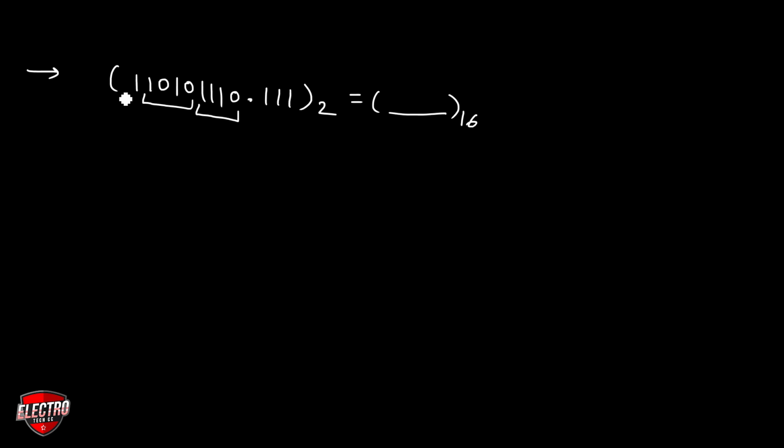We have only one bit in the last group, so we will add 3 zeros on the left hand side of the number. After the point we have only 3 bits. Okay, so to convert into 4 bits we will add one more zero on the right hand side of the given number, because it is the fraction part of the given number.